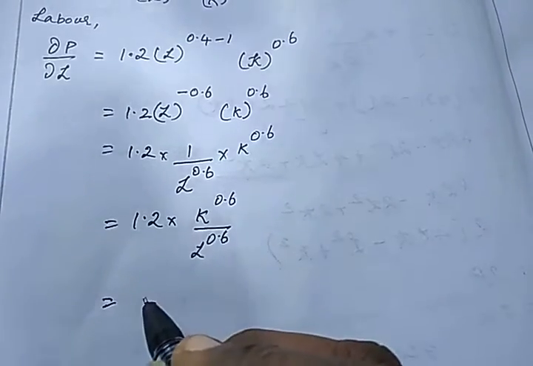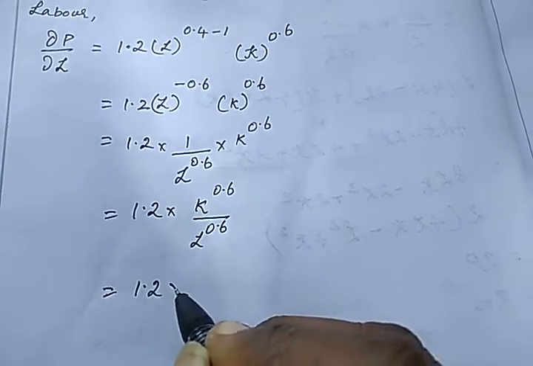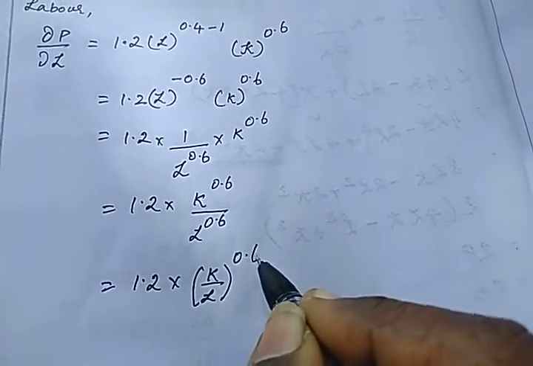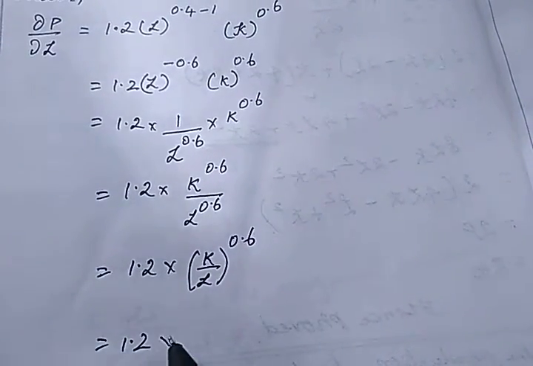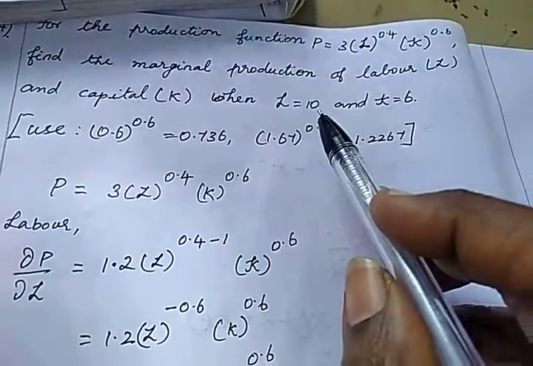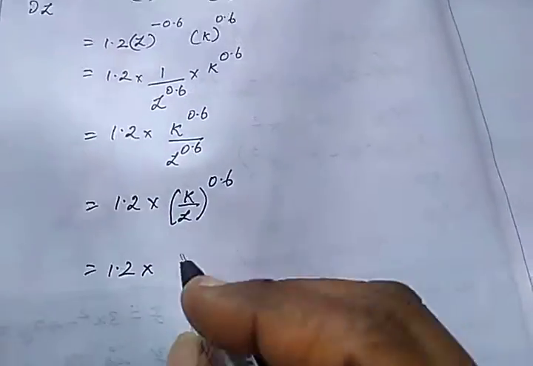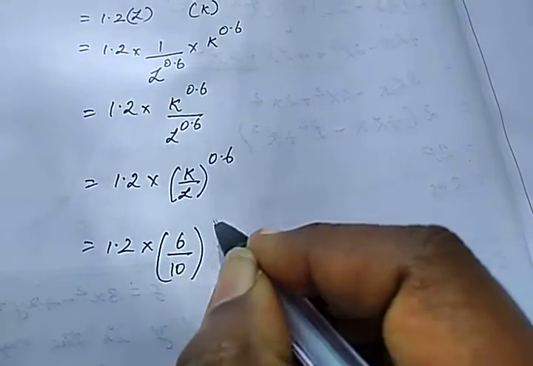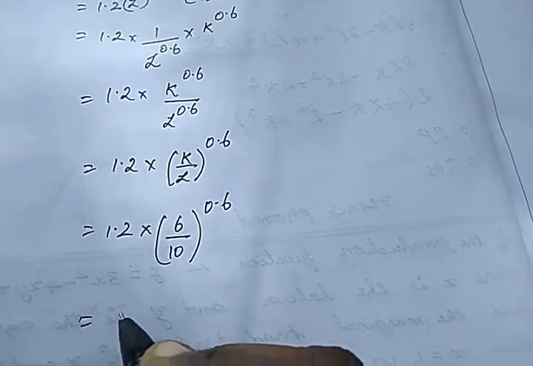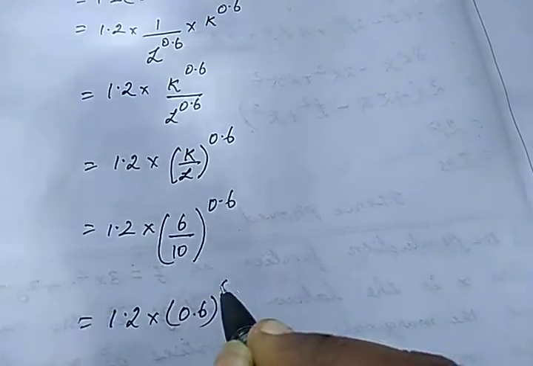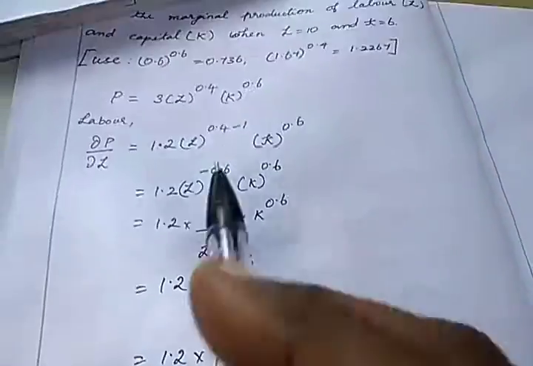I'll take 0.6 in common outside the bracket. So K by L whole to the power 0.6. 1.2 into K I have to substitute 6, L I have to substitute 10. So 6 divided by 10 whole to the power 0.6. 6 by 10 is 0.6 whole to the power 0.6.